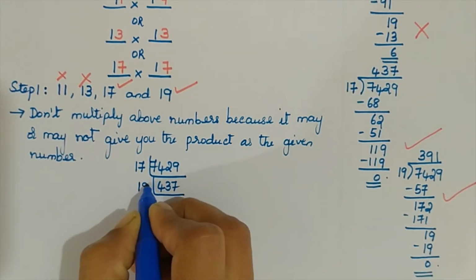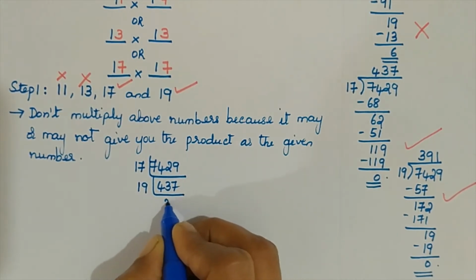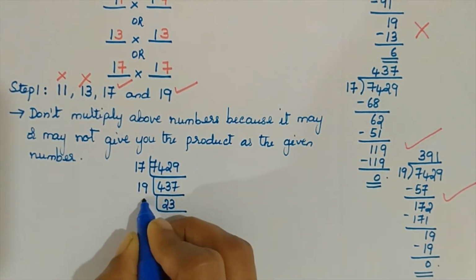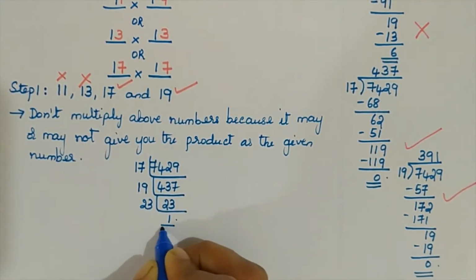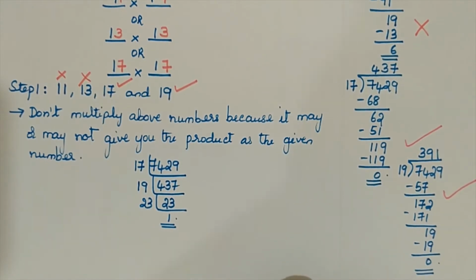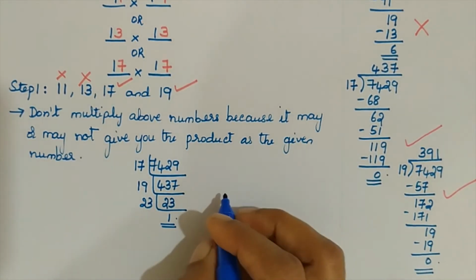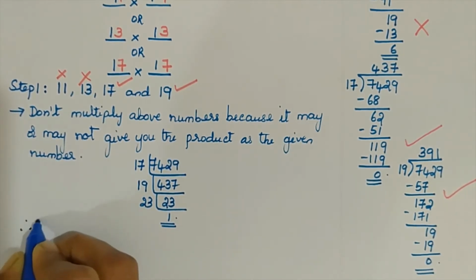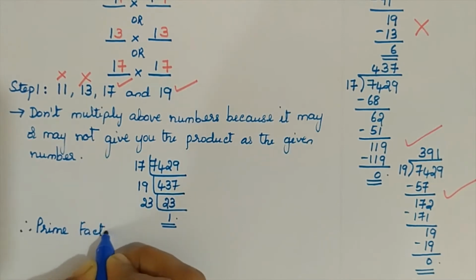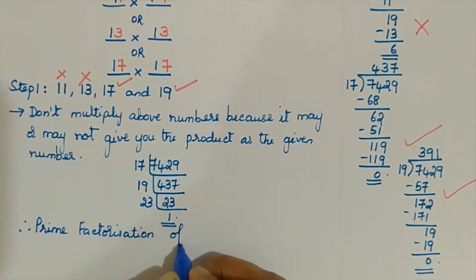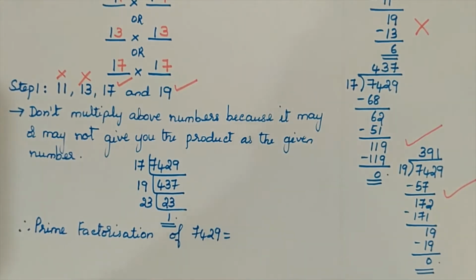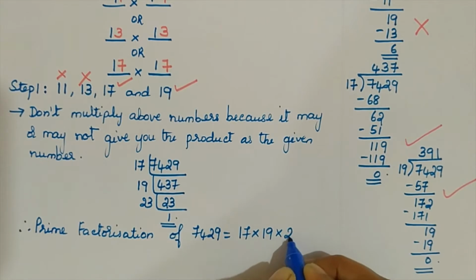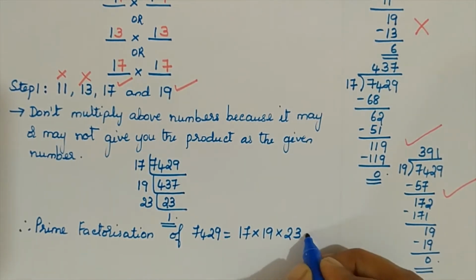That is 19 times 23 gives 437. Then 23 ones are 23. Therefore, prime factorization of 7429 is equal to 17 into 19 into 23.